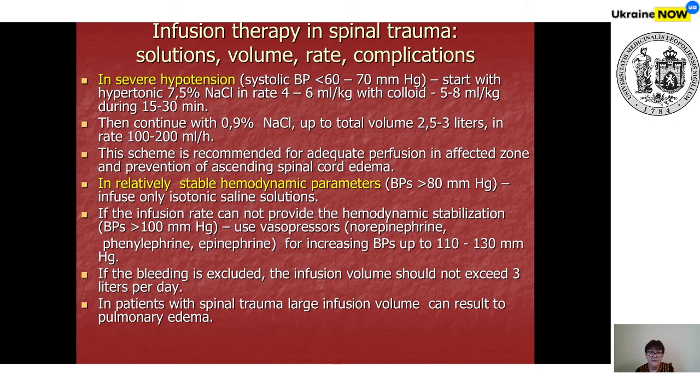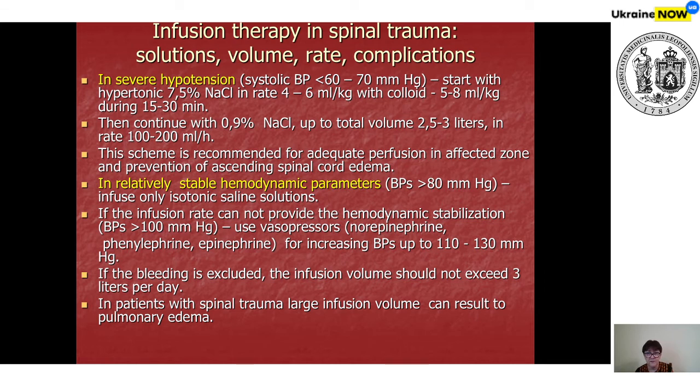In relatively stable hemodynamic parameters with systemic blood pressure above the level 80 millimeters of mercury, you can infuse only isotonic saline solutions. If the infusion rate cannot provide the hemodynamic stabilization, blood pressure more than 100 millimeters of mercury, we should use vasopressors.